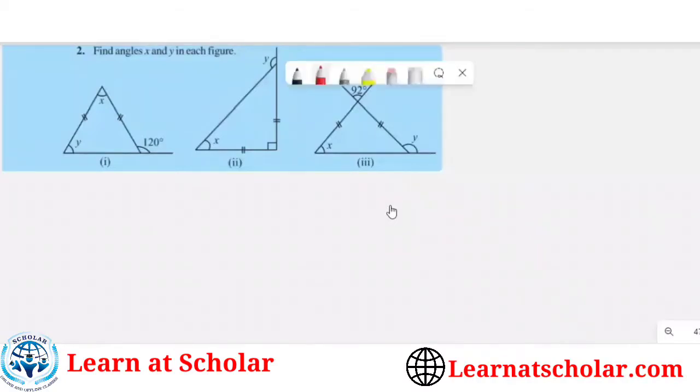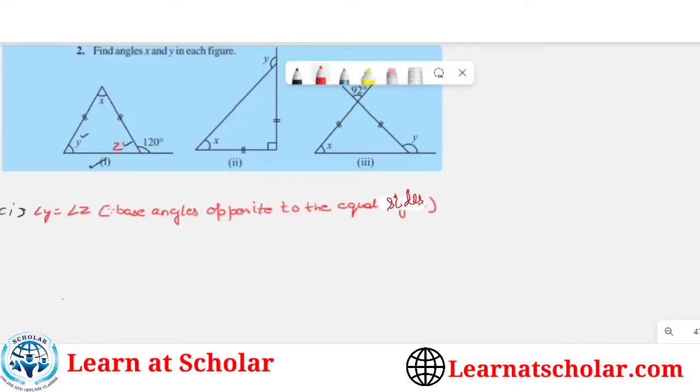Let's solve the second question. Find angles x and y in each figure. Two sides are equal. The triangle is isosceles. y is equal to z. I have named the angle as z. z and 120 degrees is a linear pair.